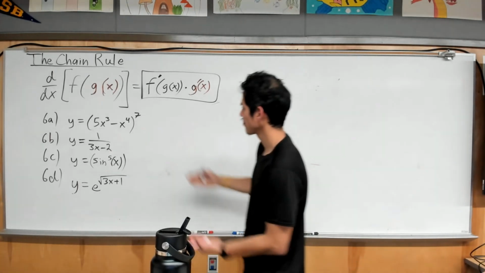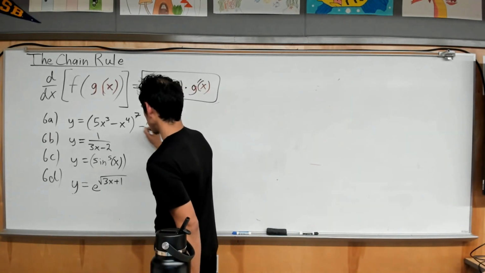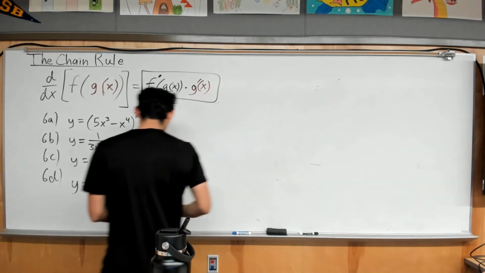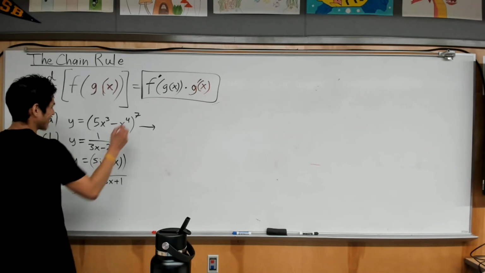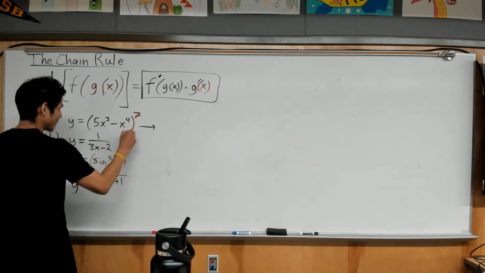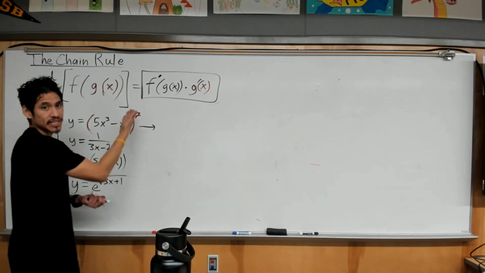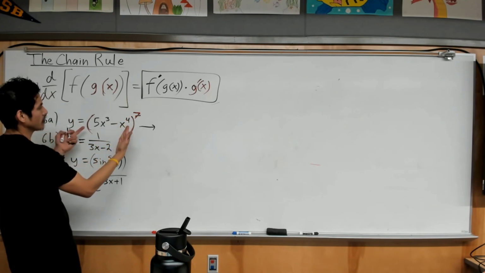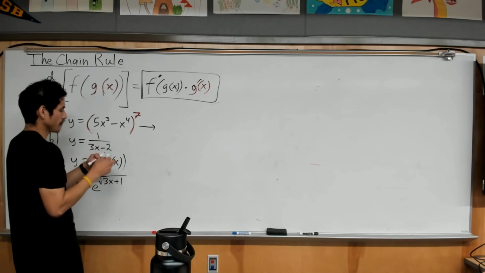So here we have this giant power, 7. We start off by taking the derivative of a polynomial to the 7th power using the power rule.